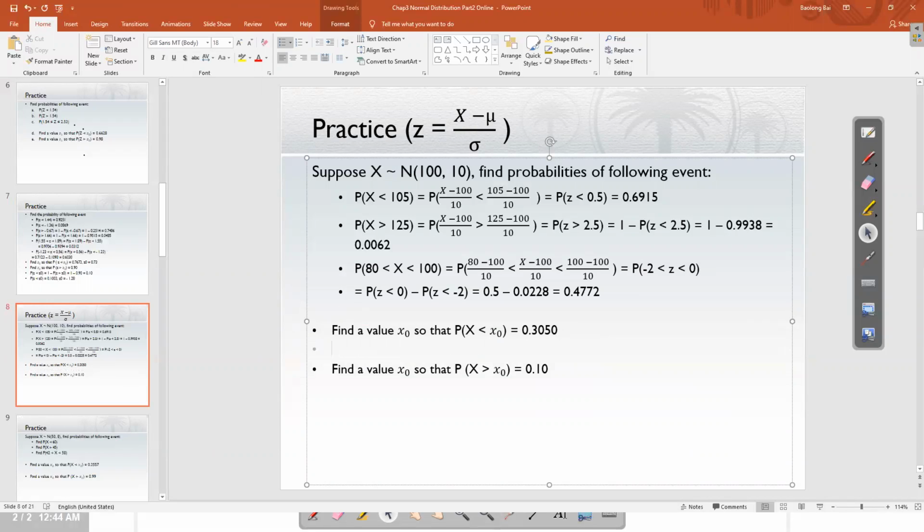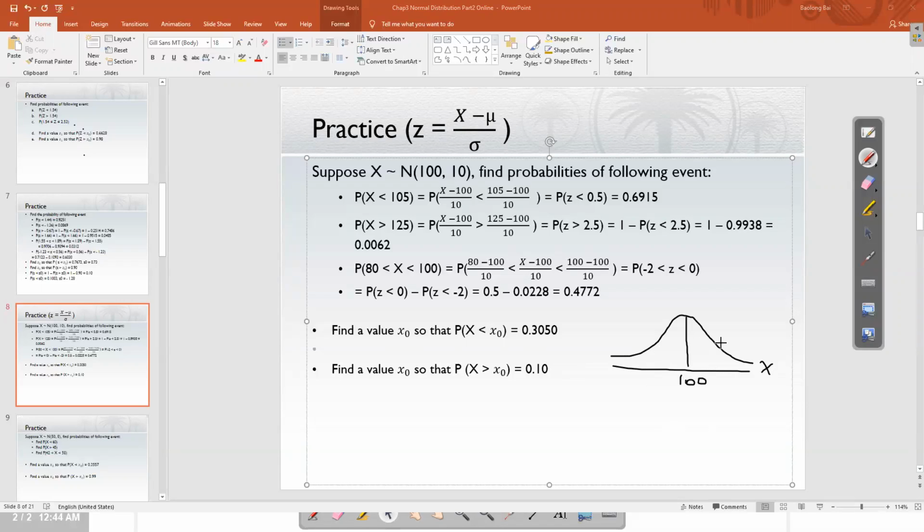So when you have probability of x less than x0 equal to a given probability, you can think about you have a normal distribution. This is x, right? So population mean is 100. Population standard deviation is 10.